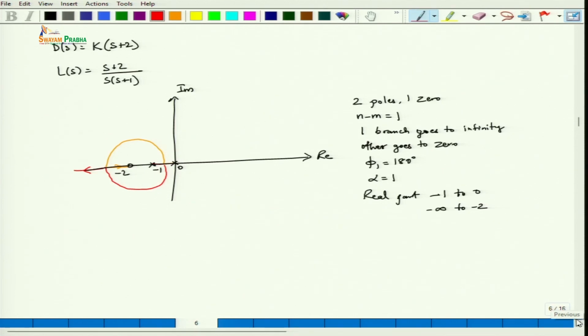But as we had discussed earlier, K into (s plus 2) is basically a PD controller and not desirable. So in this scenario what we do is we use a lead compensator. So we have s plus p. So this is the lead compensator.